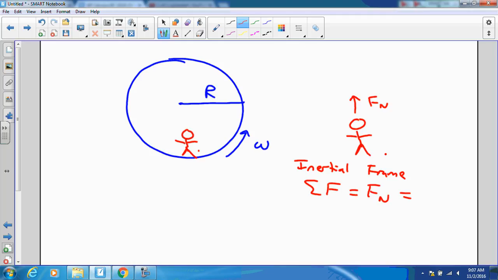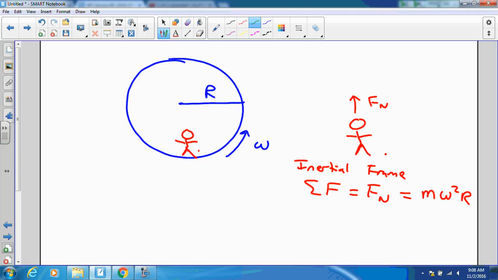And that normal force has to be equal to the force that causes him to go in a circle, in other words, the centripetal force, in other words, m times omega squared r. So that we would say that the person experiences an apparent weight of m omega squared r.